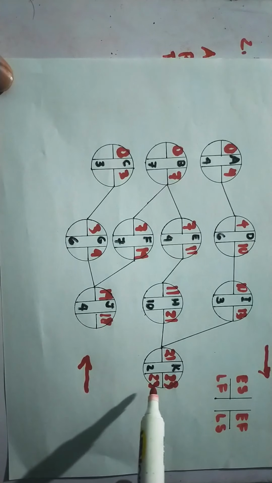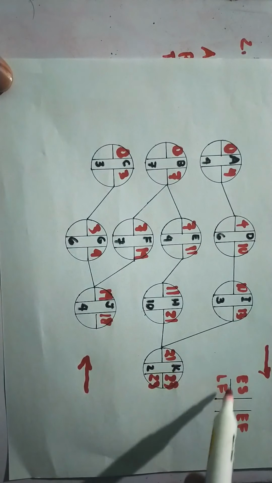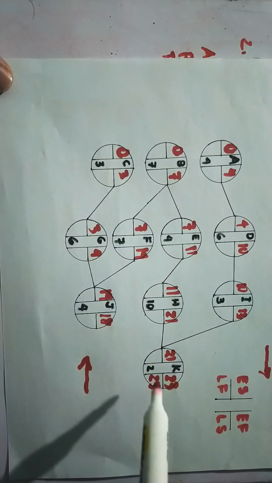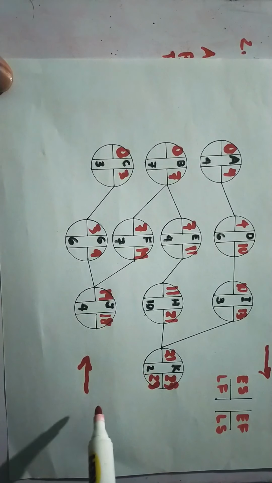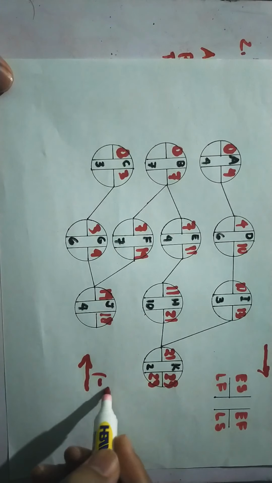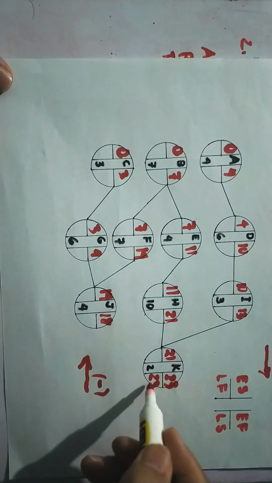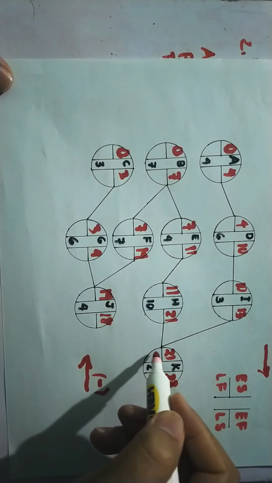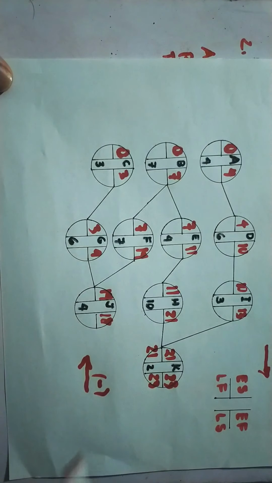This time, going to our latest finish, this one, to fill up this part, we will now subtract. Okay, in backward pass, we will subtract the number. So 23 minus 2, that is equivalent to 21.